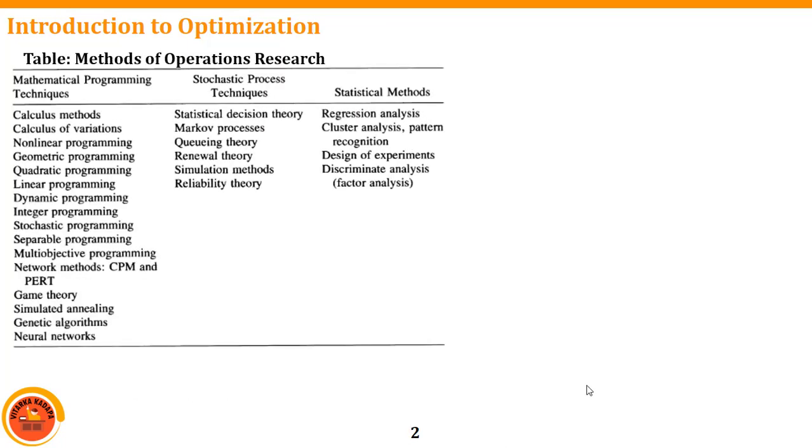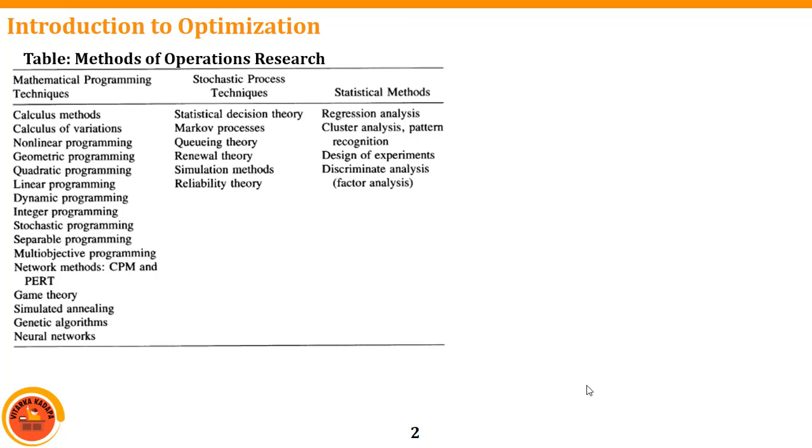So let me take up what the methods of operations research are. There are typically three methods: mathematical programming techniques, stochastic process techniques, and statistical methods.